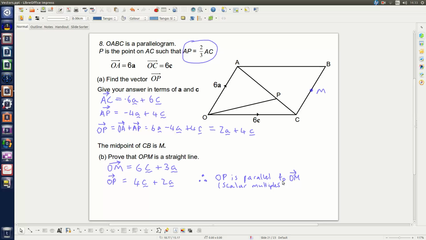So I've proved they're definitely parallel. All I really need to complete my proof that they are on a straight line is simply this argument. Since they have a point in common, the point in common is of course O. Since they have a point in common, they must be on a straight line.